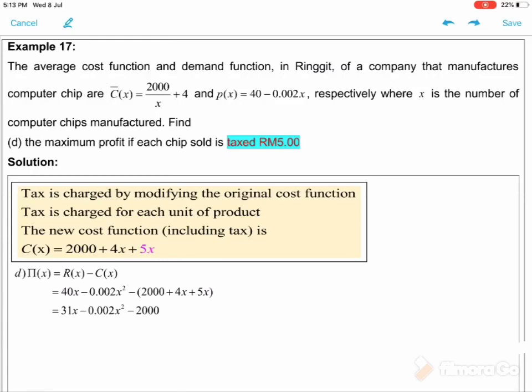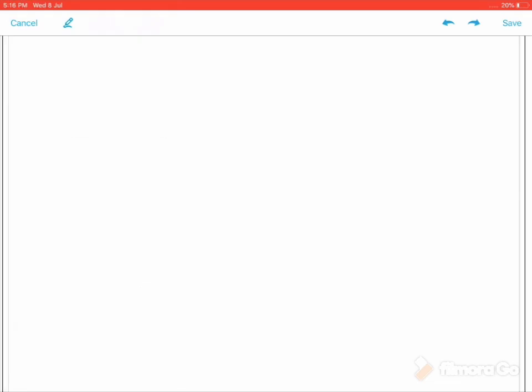So this is our new profit function after tax. The next step, we have to differentiate the profit function to get the marginal profit function. Our marginal profit function is equal to 31 minus 0.004x.